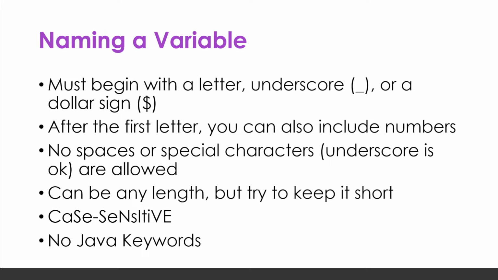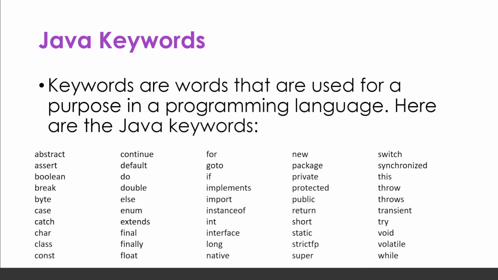We also want to make sure we're not using Java keywords. And you might think, well, what is a Java keyword? Keywords in any programming language are words that are already reserved with a specific purpose inside of the programming language. So I have a list of them here on this slide.